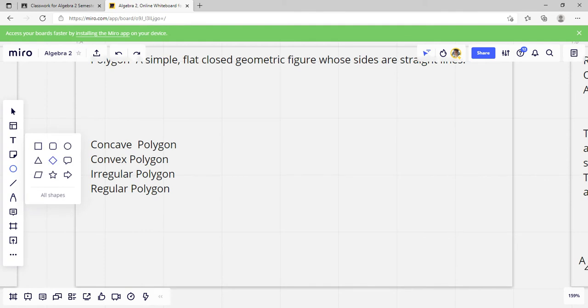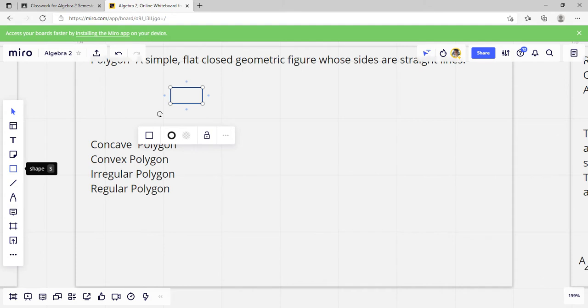A square is a polygon, or a rectangle, or a triangle.